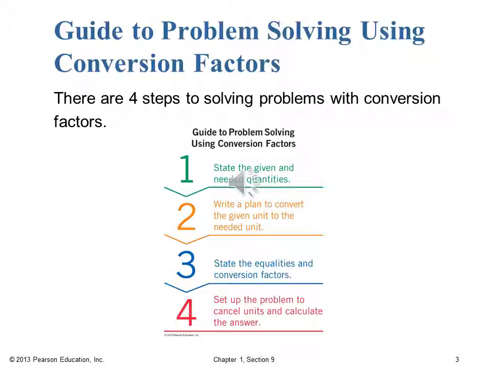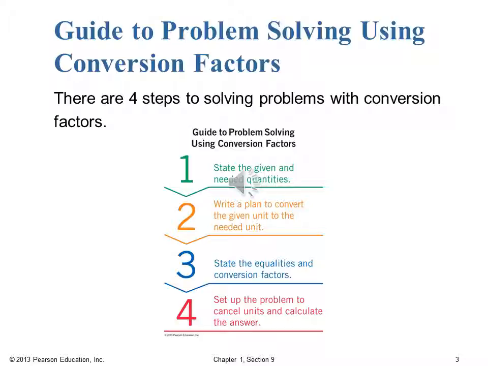If we're going to apply this strategy, first we need to state the given and needed quantities, so what you have from the problem and then what you're ultimately solving for, especially with respect to units. Then you write a plan to convert the given unit to the needed unit. We have all of those equalities that we can make into conversion factors to convert between units within the metric system, within the English system, or across systems.